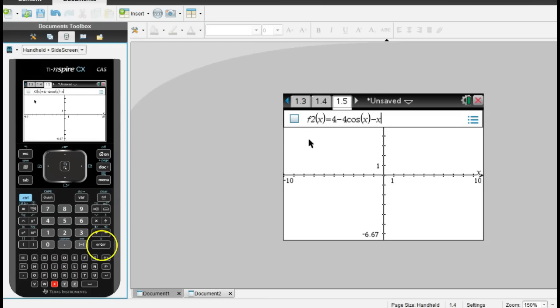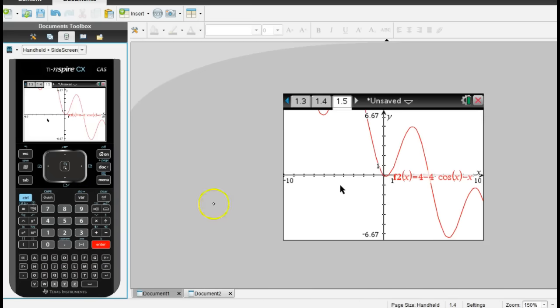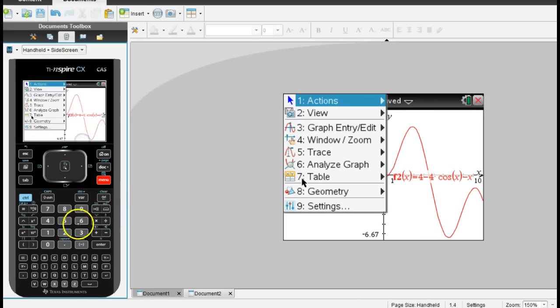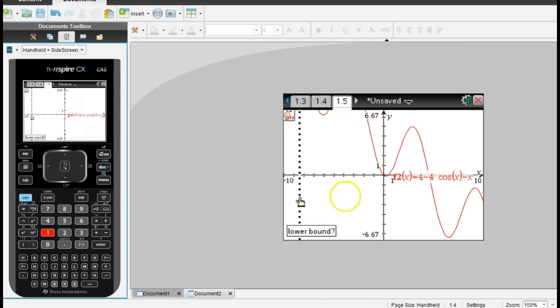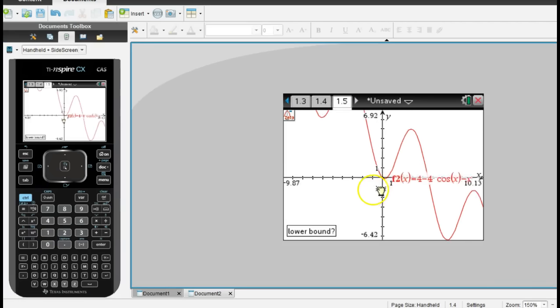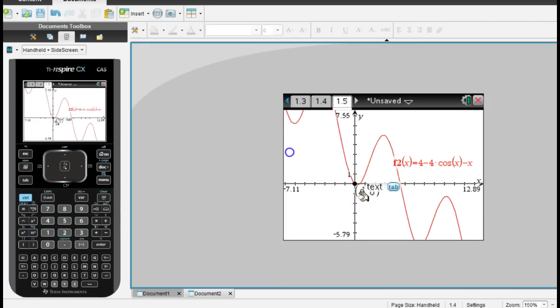So if we graph that, and then we go looking for menu 6, remember the zeros. Here we're looking for the zeros. So there's 1 at 0, 0.